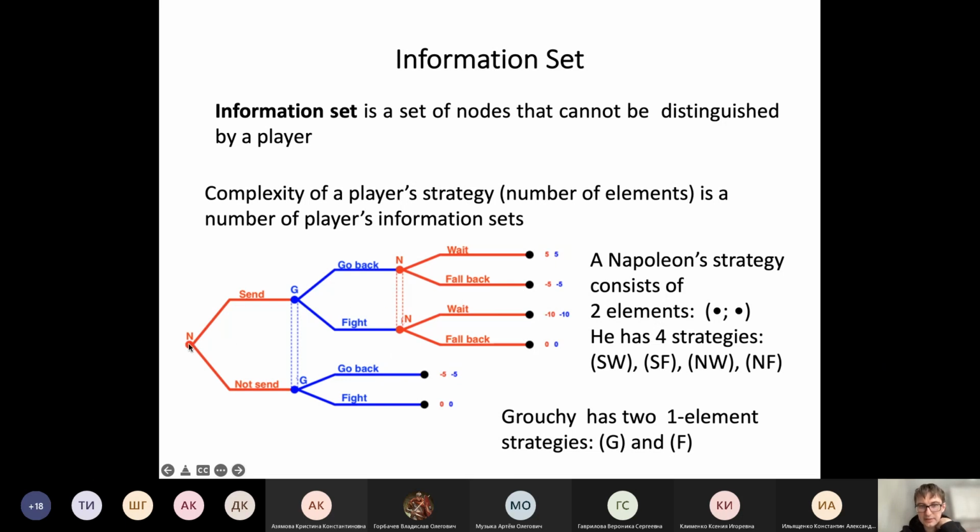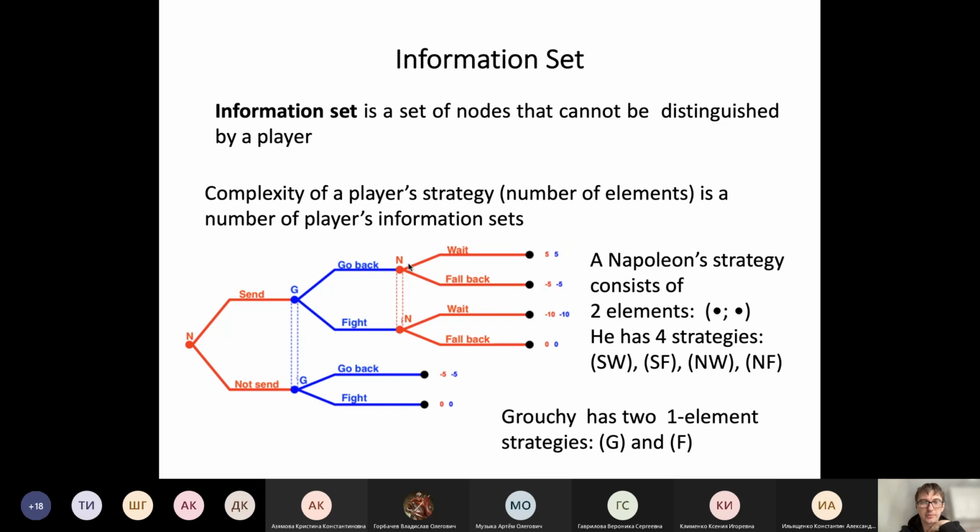Trivial means we have perfect information. But here Napoleon cannot distinguish between two states, the state when Grouchy decided to go back, and the state when Grouchy decided to fight, to engage in the fight. And so this is one information set.